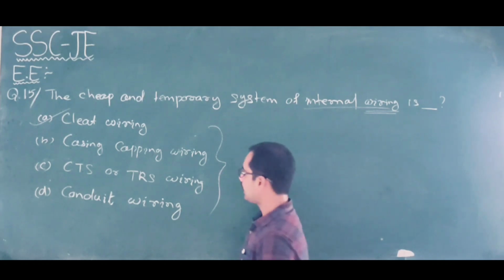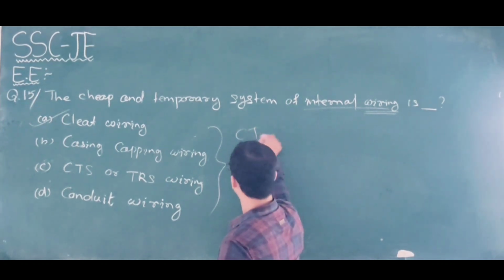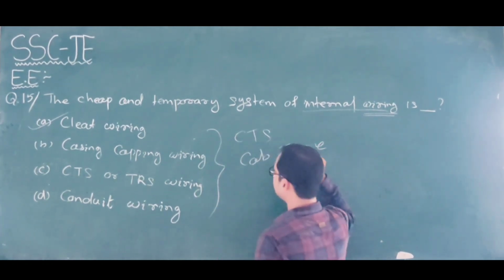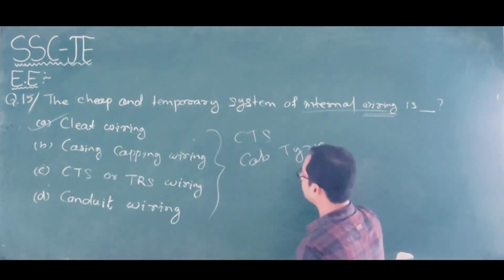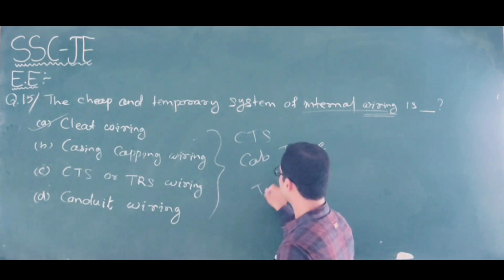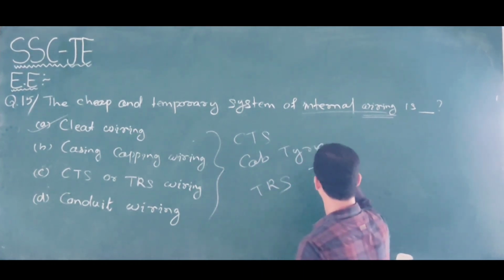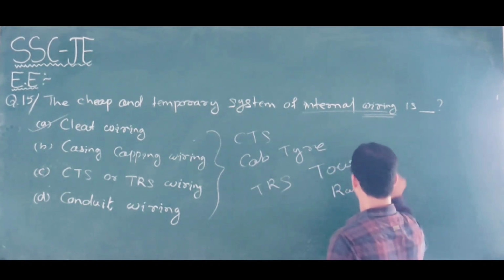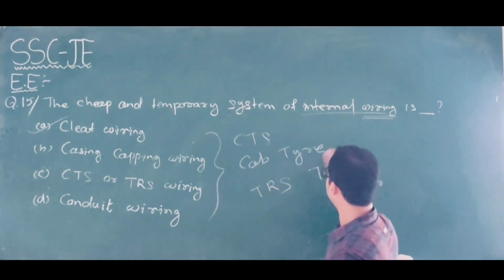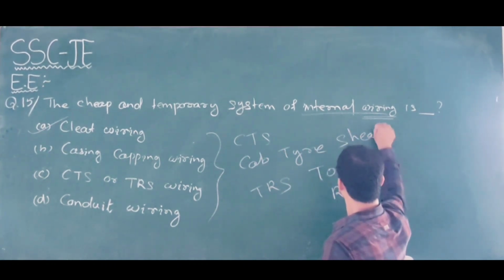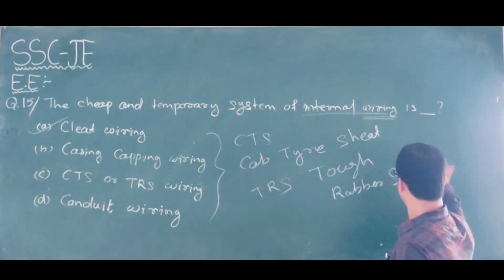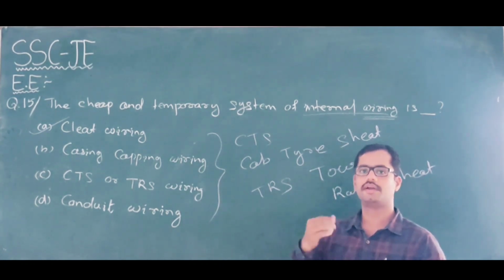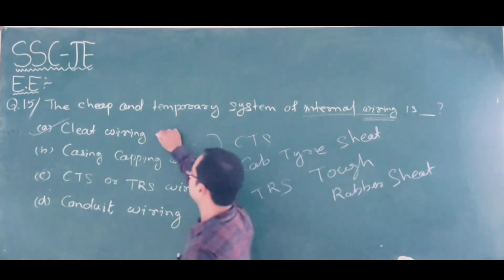CTS is cab tyre sheathed, and TRS is tough rubber sheathed. These are the two types of wiring, and conduit wiring uses PVC pipe for your internal wiring. So the correct answer is cleat wiring.